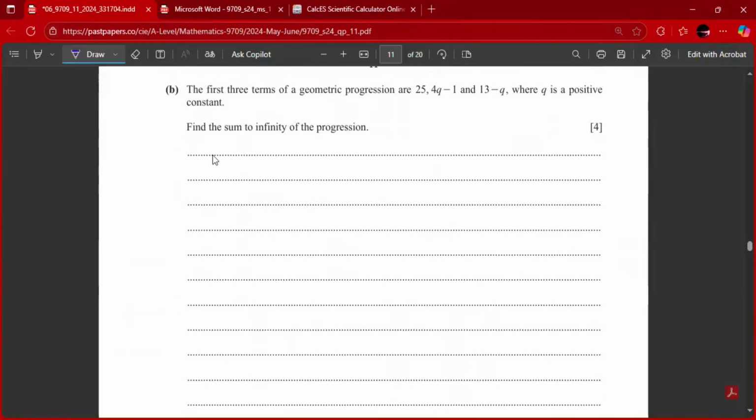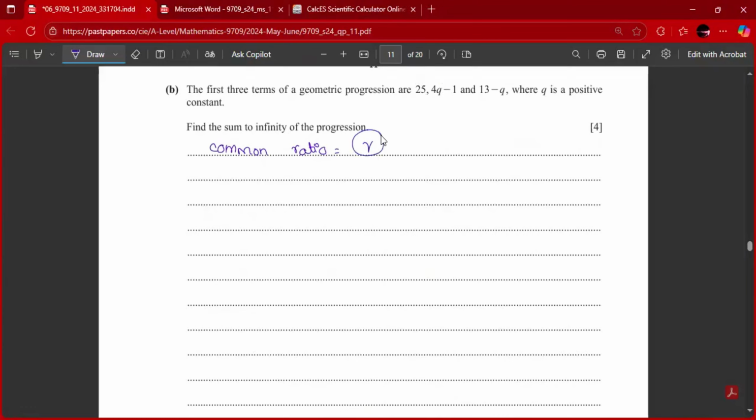Similarly, in a geometric progression, like in arithmetic progression, we have a common ratio, which is the same for adjacent terms. I don't remember the term they call it. Like this one and this one: if I divide this one by this one, I'll get the same value. R is the common ratio.